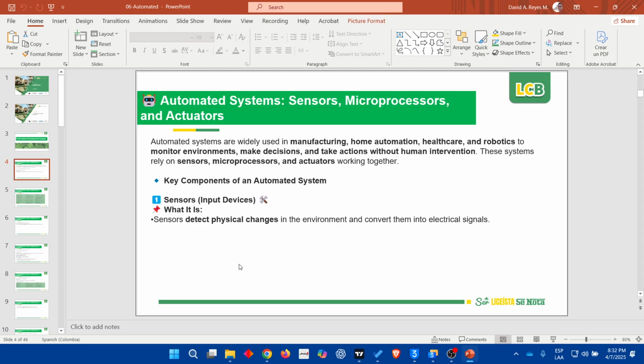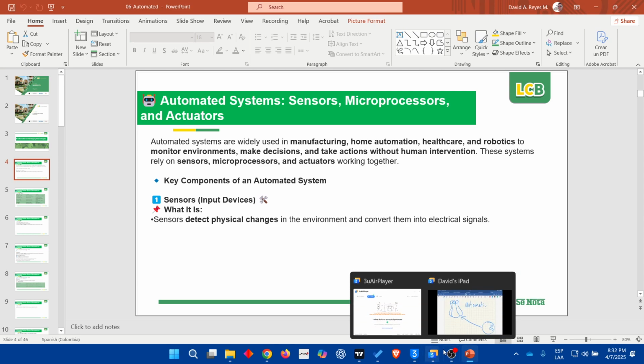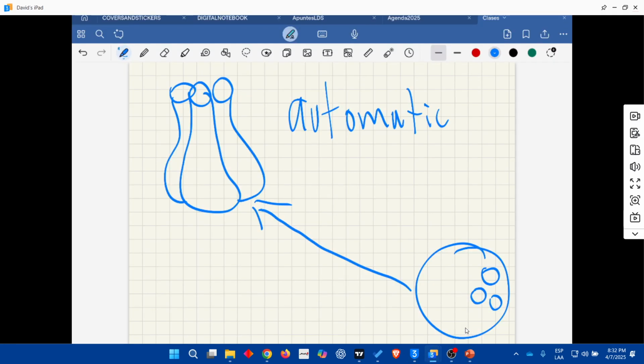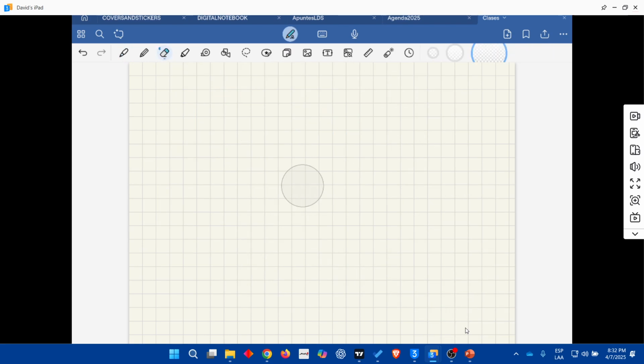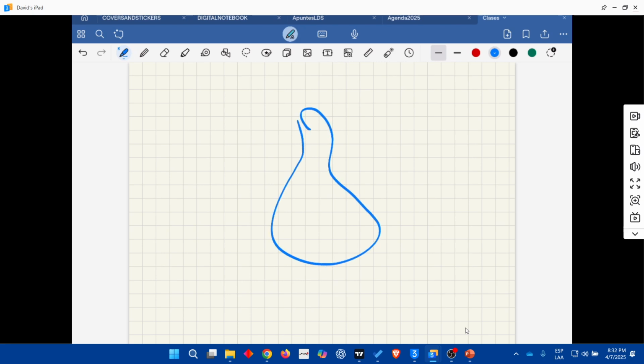Okay, so the key components of an automated system: input devices. This is the reason that these videos are too long, because I use a lot of examples. So let's suppose that in your bowling lane you have the pin, and this is the one that you are going to put down with this ball.